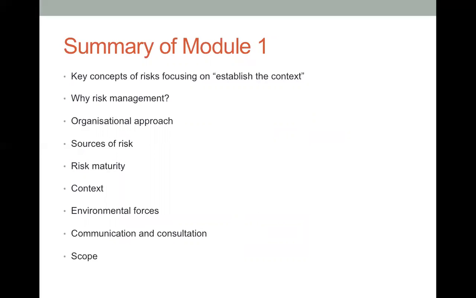Any organization, in fact our family as an organization, also has objectives. And from a risk management perspective, there may be uncertain events out there that affect our objective achievements. Okay, so they are the ones that we are looking at in risk management.